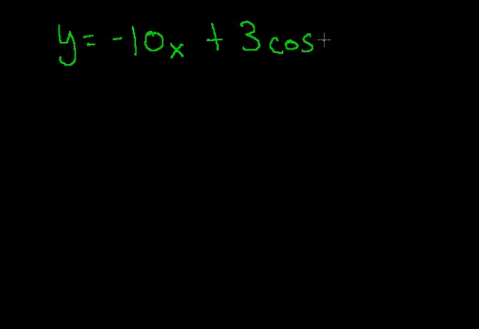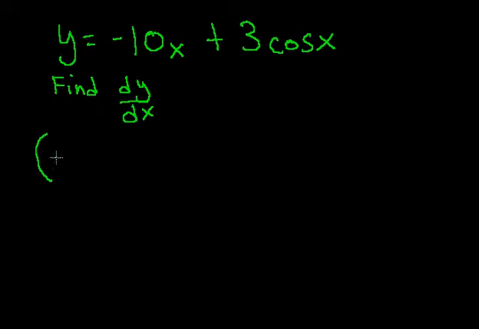So let's say we had y equals negative 10x plus 3 times the cosine of x. And we were asked to find dy over dx.